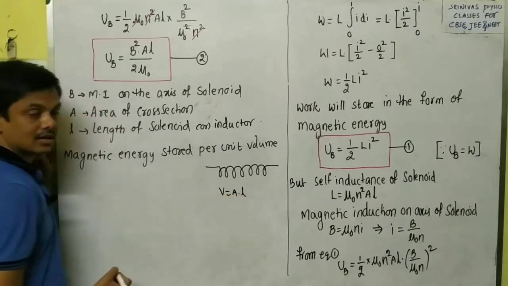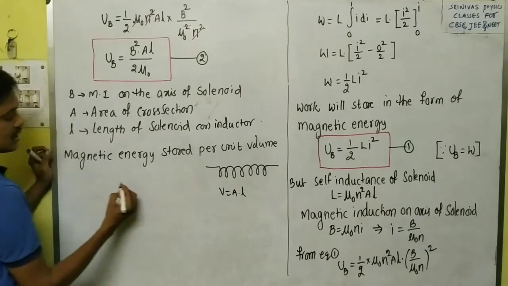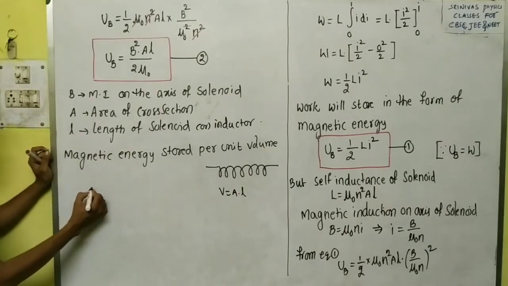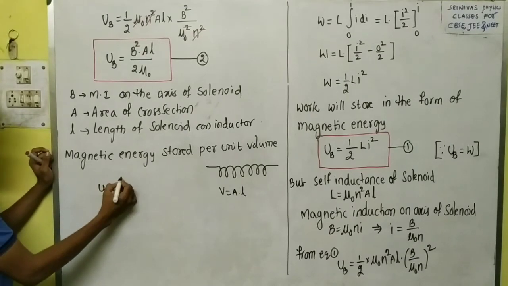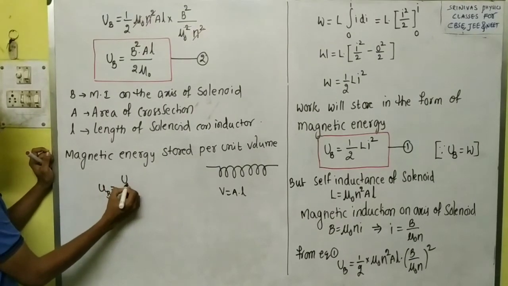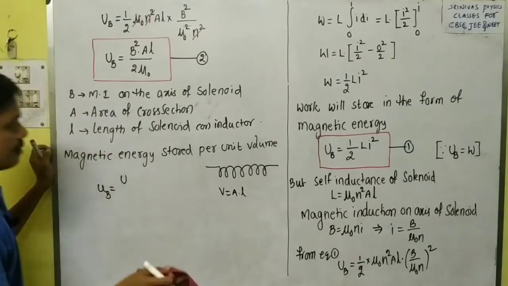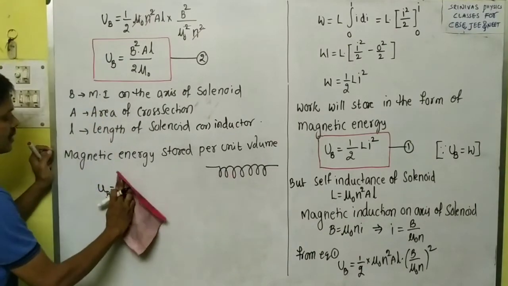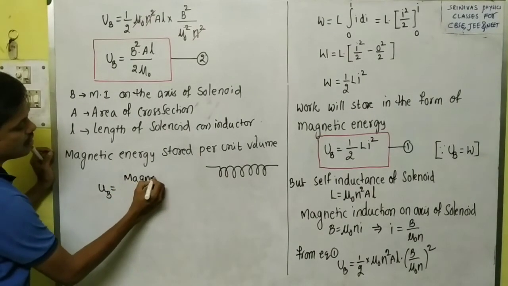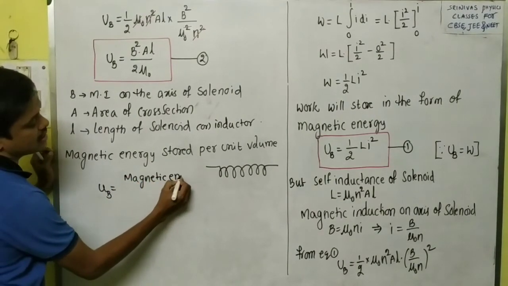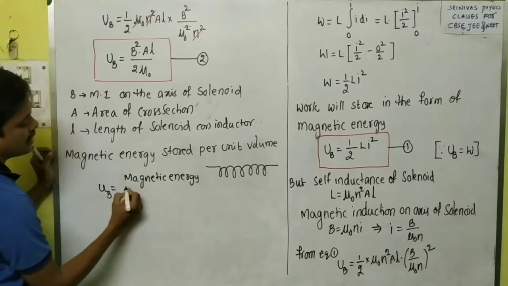The magnetic energy stored per unit volume we can denote with a small u B. It is equal to the magnetic energy by the volume of the solenoid.